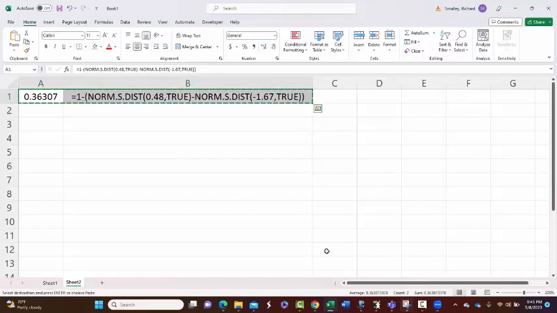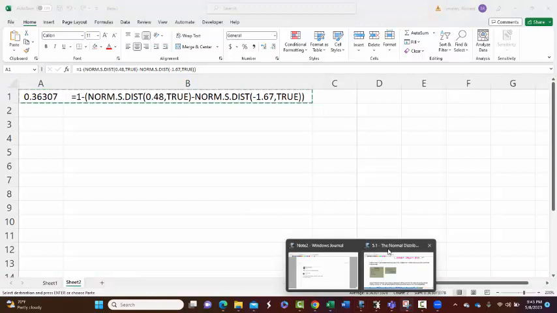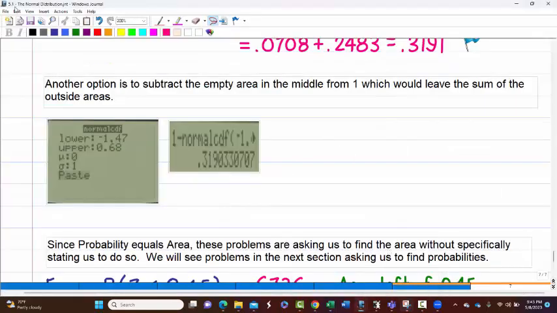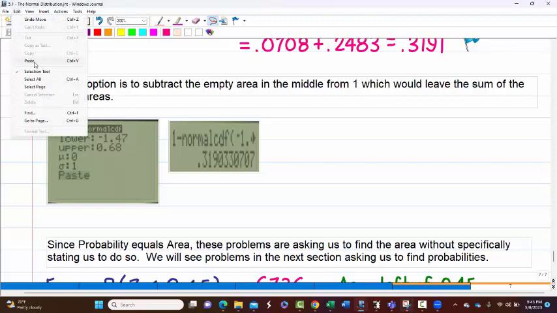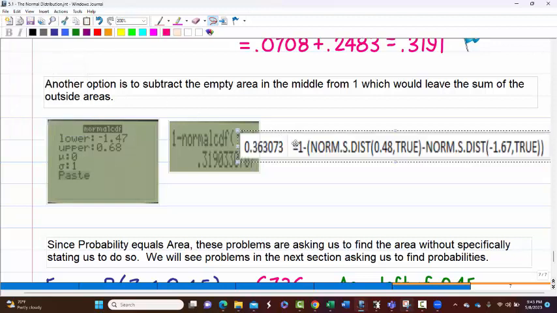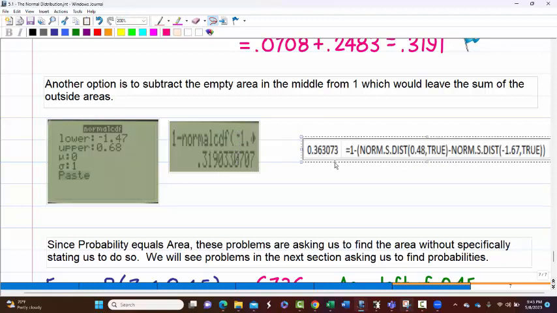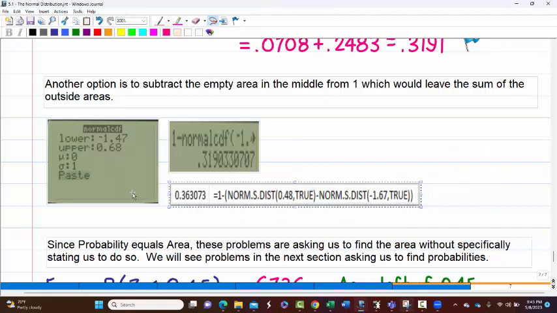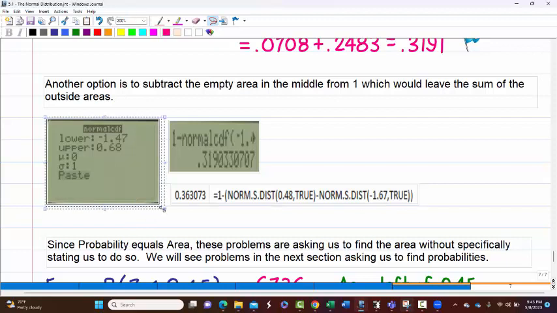Copy that over to the notes. And I shrink this down, kind of a long row for that one, so I'll put it right there. There we go.